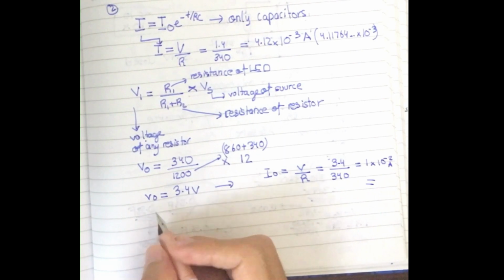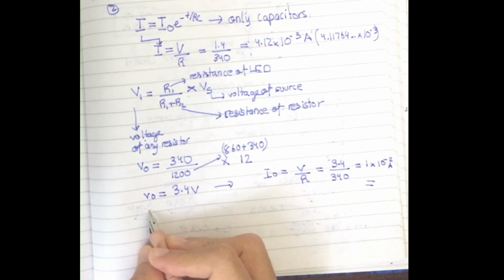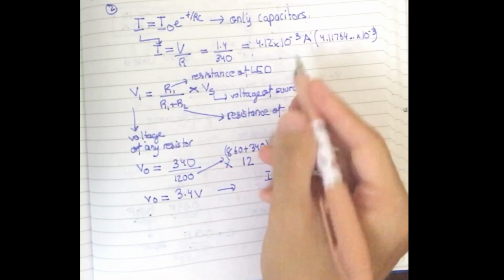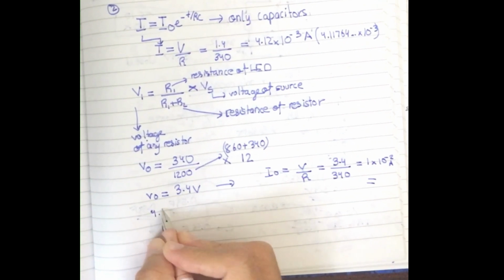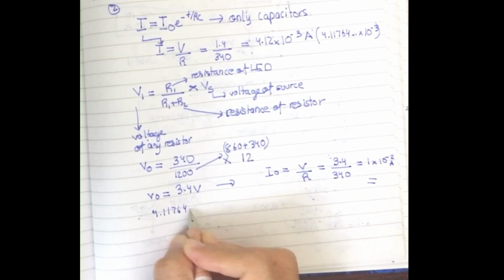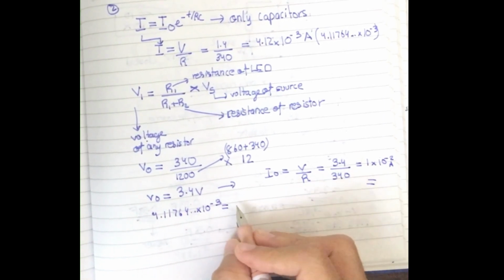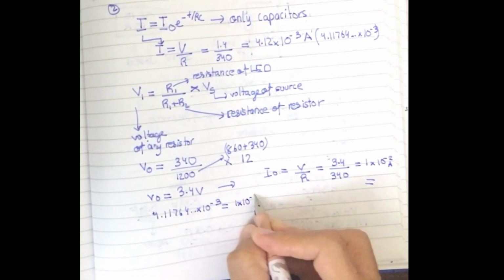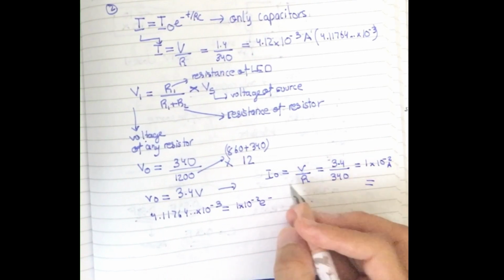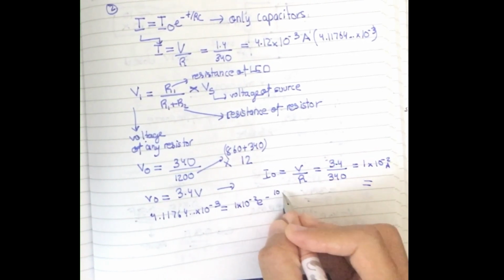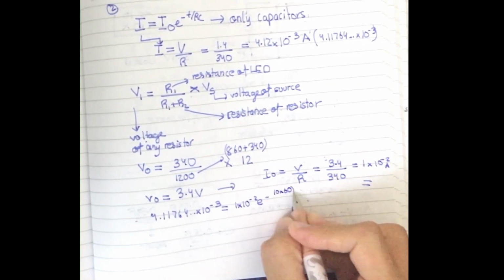So now we're going to input the values. We have our I, which is 4.11764 and so on, times 10 raised to power minus 3. This equals the initial current, 1 times 10 raised to power minus 2, times e to the minus, with time being 10 minutes, which is 10 times 60 to convert it into seconds, right?